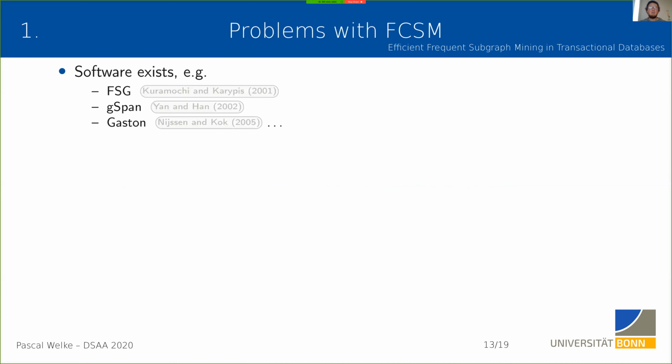Now let's go to the frequent connected subgraph mining and the exact algorithms again that you saw previously, right? I mean, there exists software to solve the frequent connected subgraph mining problem: FSG, gSpan, Gaston, and several other papers that provide implementations for this as well. But if you look into the experimental results that they show, you might notice that they typically investigate chemical graph databases.